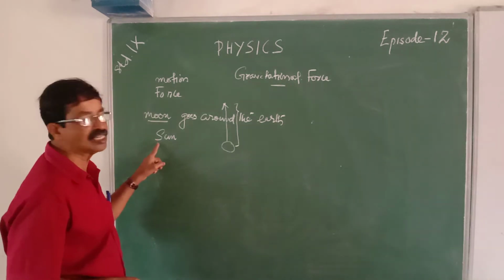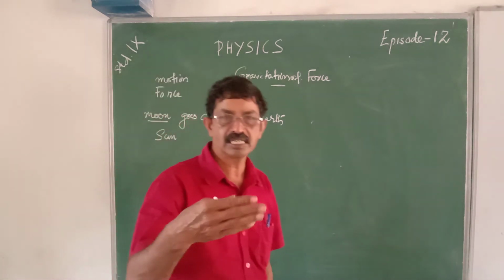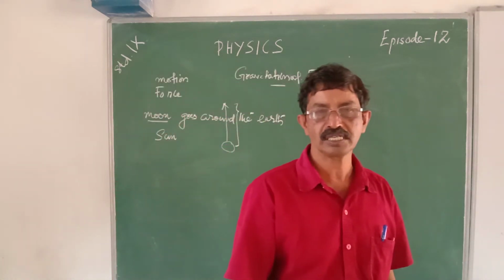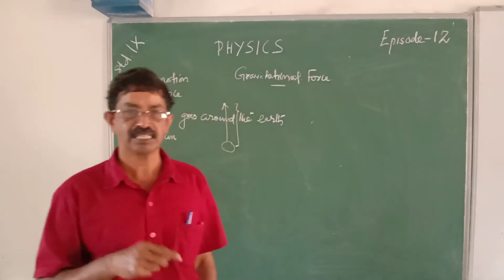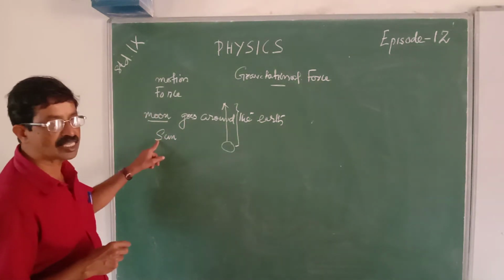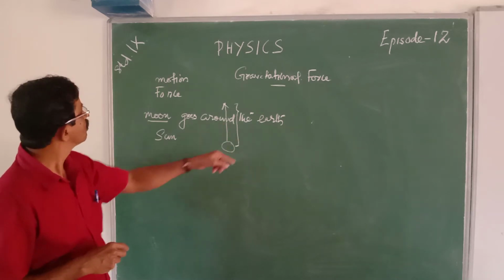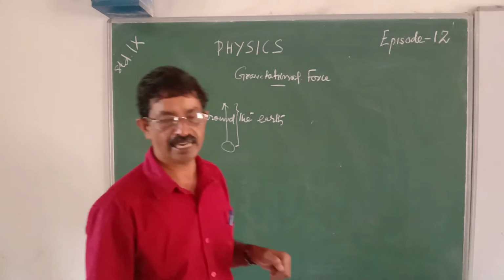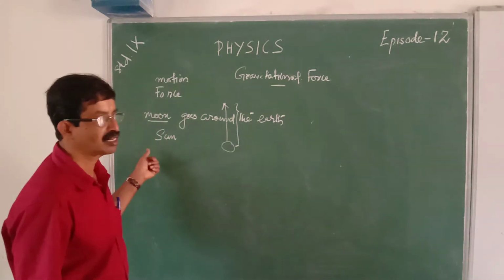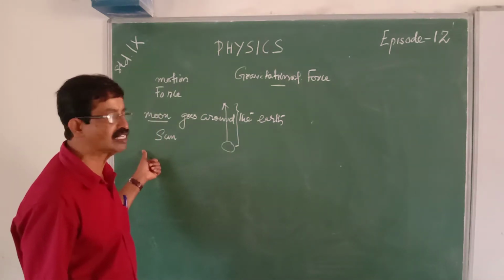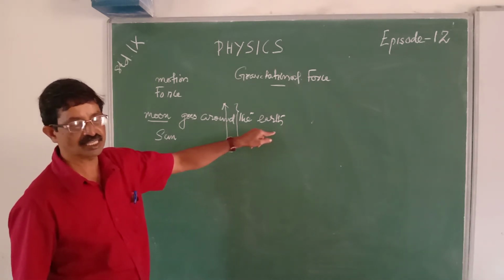In the case of planets that move around the sun, the sun is exerting some force so that the planets move around the sun. Similarly, the earth exerts such force, because of that the moon moves around the earth. That type of force is called gravitational force.